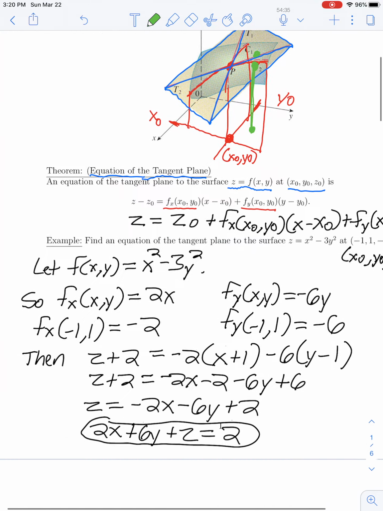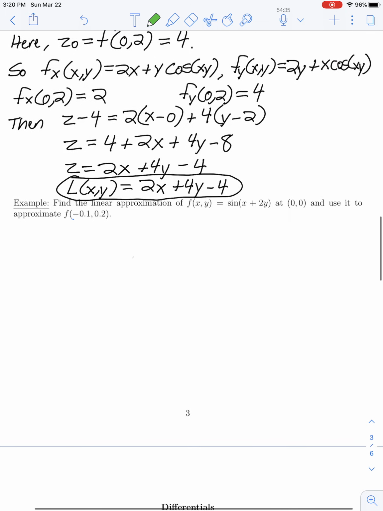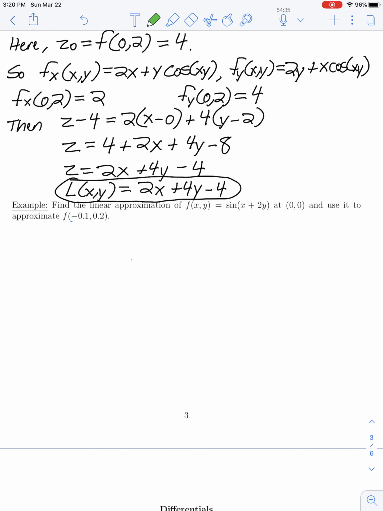So in this next example we're going to consider, we will find a linear approximation of a function at the point 0, 0, and then we're asked to use this to approximate the value of the function f at negative 0.1, 0.2.